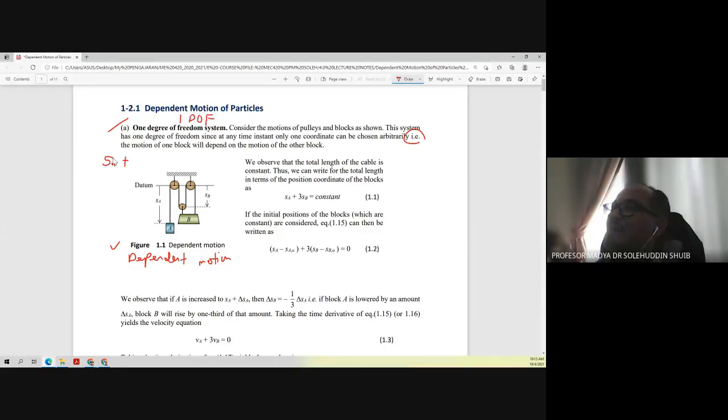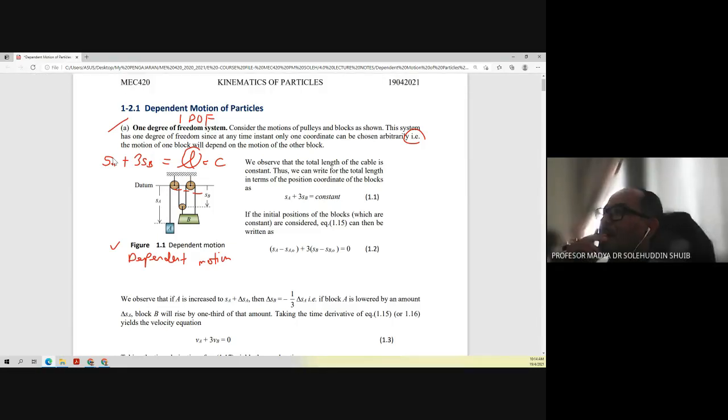We cut the rope, 1, 2, 3, so we have 3SB equal to the total length of the cable. This length of the cable is constant.